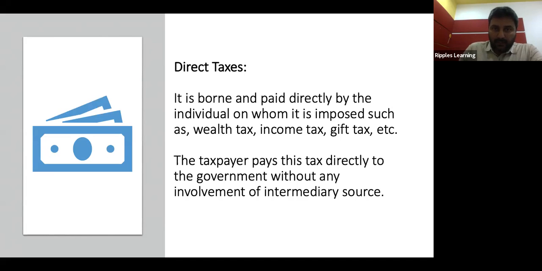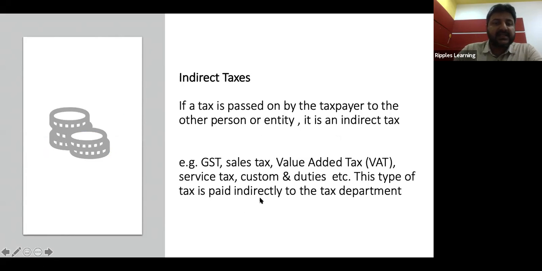You also have indirect taxes, like GST, sales tax, sometimes back there was VAT or service tax, customs and duties. These are all taxes which are indirectly paid by the taxpayer, by a person or an entity, and it's called indirect taxes. I would not take too much time explaining basics of income tax.